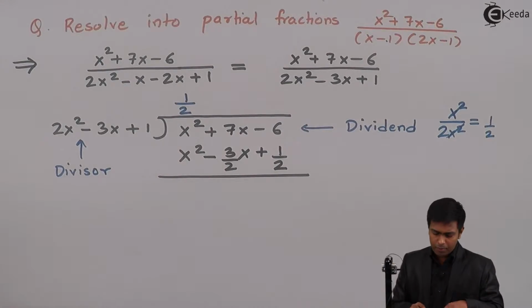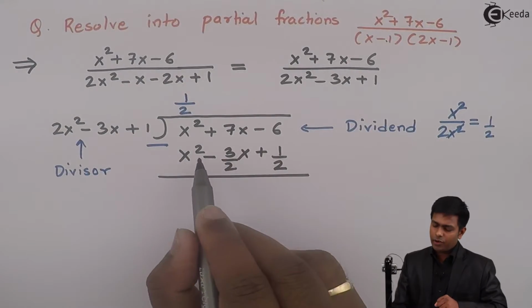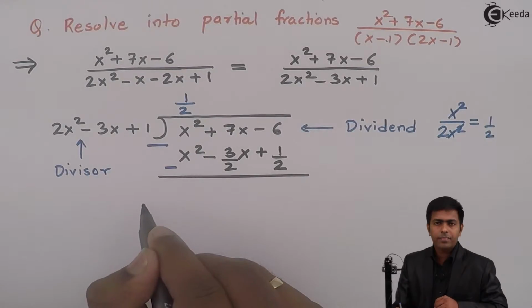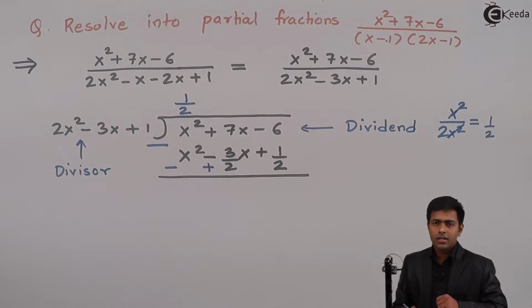Next we will perform the subtraction. When we subtract two polynomials, the sign of the second polynomial changes. So x² will become −x², this −3/2 x will become +3/2 x, and this +1/2 will become −1/2.